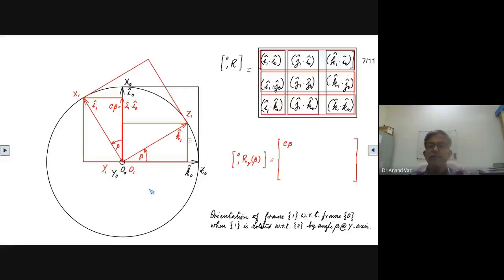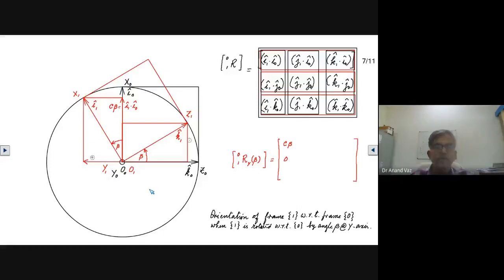Then i1 dot j0. We have i1 here, and we have j0 coming out of the board. So naturally, this is going to be 0 because they are mutually perpendicular. Then i1 dot k0. i1 is here and k0 is here. So the projection of i1 on k0 will correspond to this vector here. You can see it is pointing in the negative direction of k0.